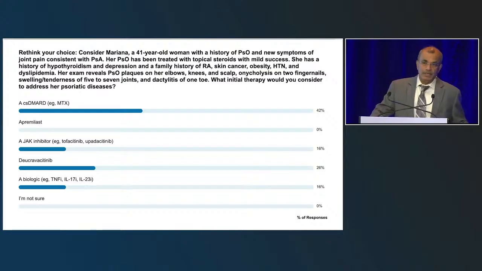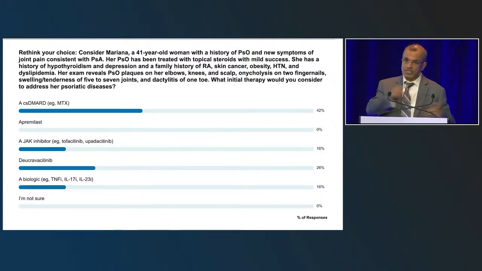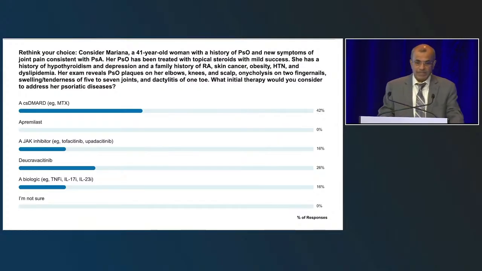So even though we don't have biomarkers to decide which therapy for which patient, in daily practice we do individualize treatment based on comorbidities, severity of the disease, et cetera. And yes, there's no right or wrong answer here. Several times our choices are made for us by what the insurance company will pay for, at least in the US.